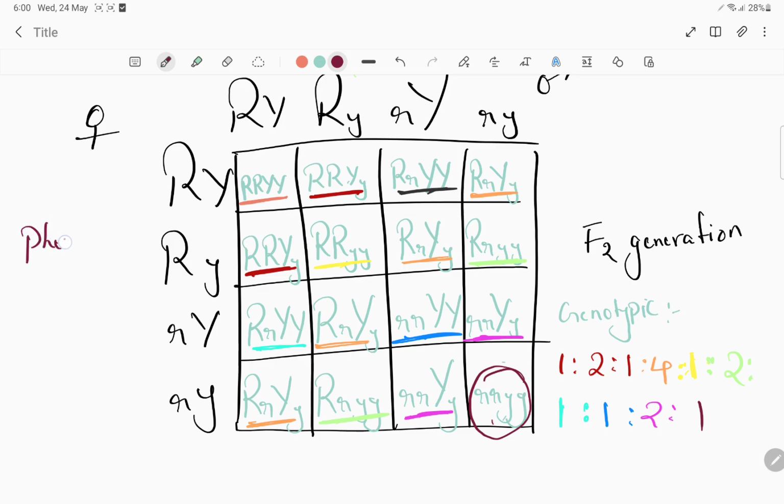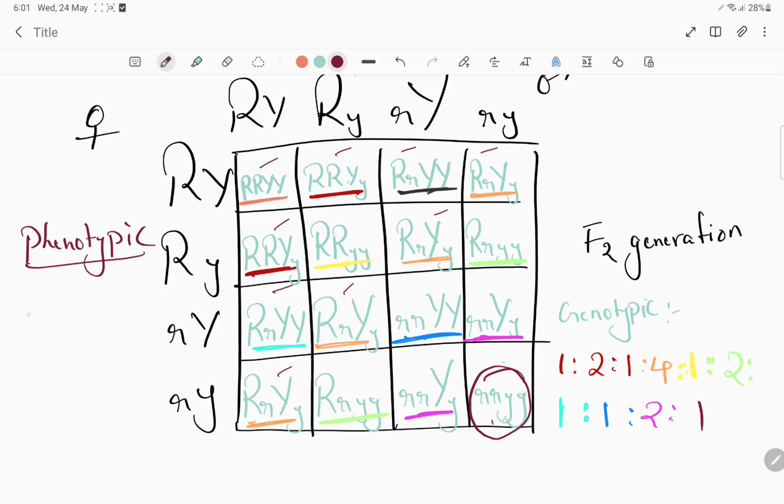Coming to the phenotypic ratio, phenotypically round and yellow, all of these are round and yellow irrespective of the genotype. 1, 2, 3, 4, 5 and 6, 7, 8 and 9.